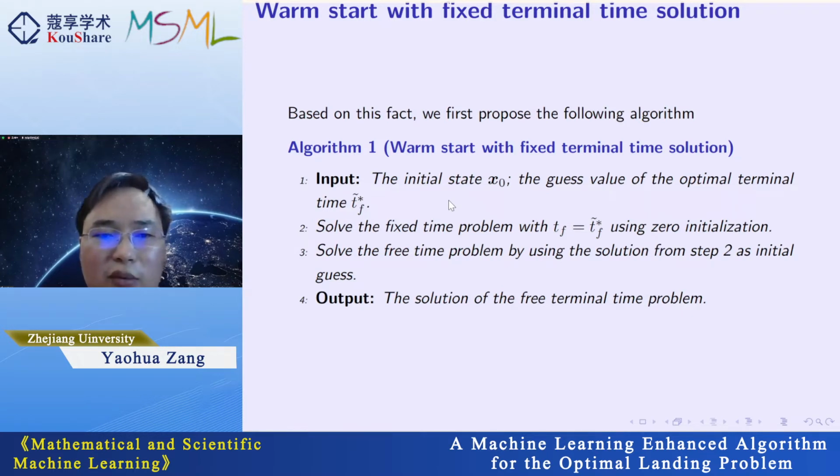We first solve the fixed time problem with the fixed time equal to the initial guess of the optimal landing time tf started, using zero initialization to solve this fixed terminal time problem. In the third step, we solve the free terminal time problem by using the solution from step 2 as the initial guess. And finally, we get the solution of the free terminal time problem.